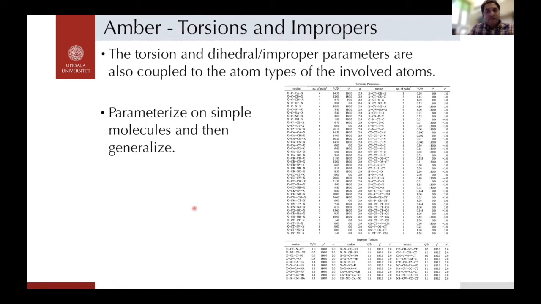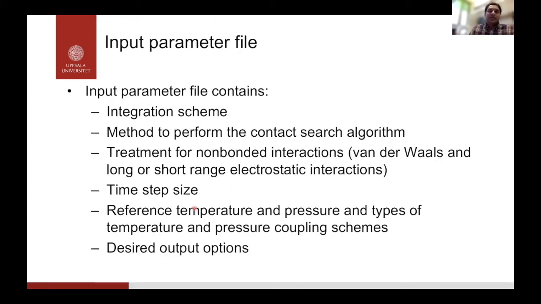And then once you have the topology files, we only need the input parameter files. The input parameter file defines the integration scheme, like what type of integration you are using to solve Newton's second law of motion, the method you are using to perform the contact search algorithm, the time step you are using in your simulation, the reference temperature and pressure, and the desired output options.